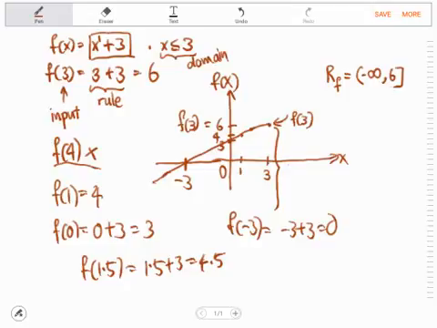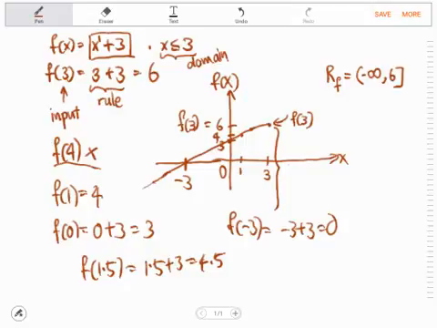Why is it negative infinity? Because we can keep putting in numbers that are lesser and lesser. If we put in negative 9999, we get negative 9996 as the output, and we can keep on going.